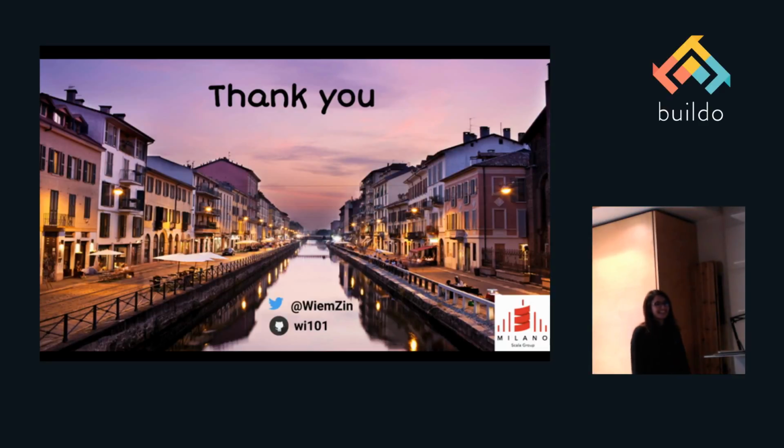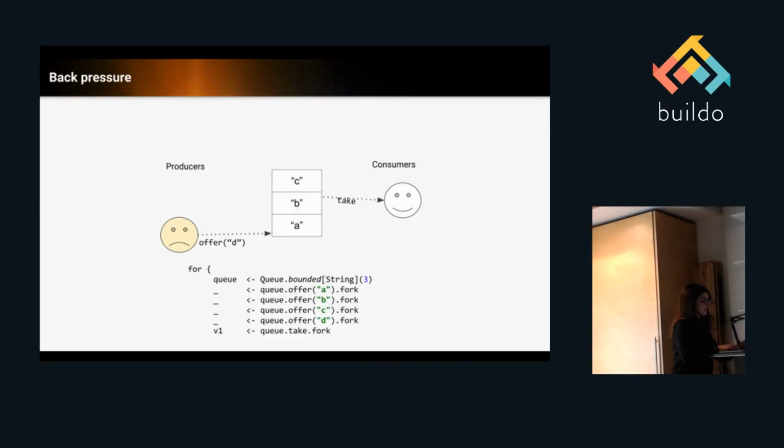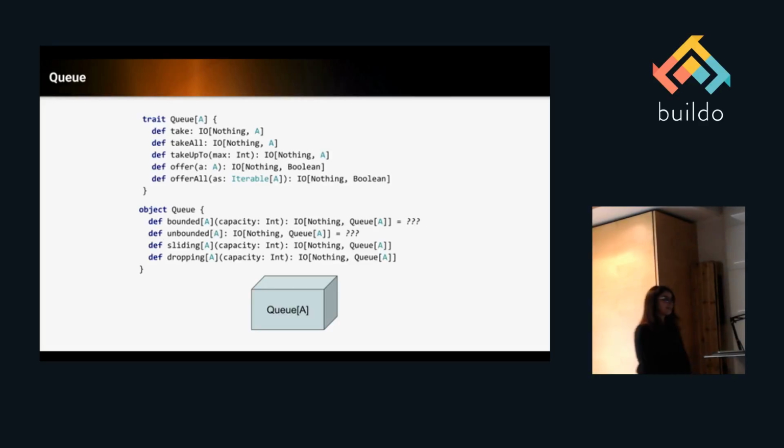A more serious question. The method takeAll. What does it do? It will take only the elements in the queue. If there is no element, it will not be suspended.